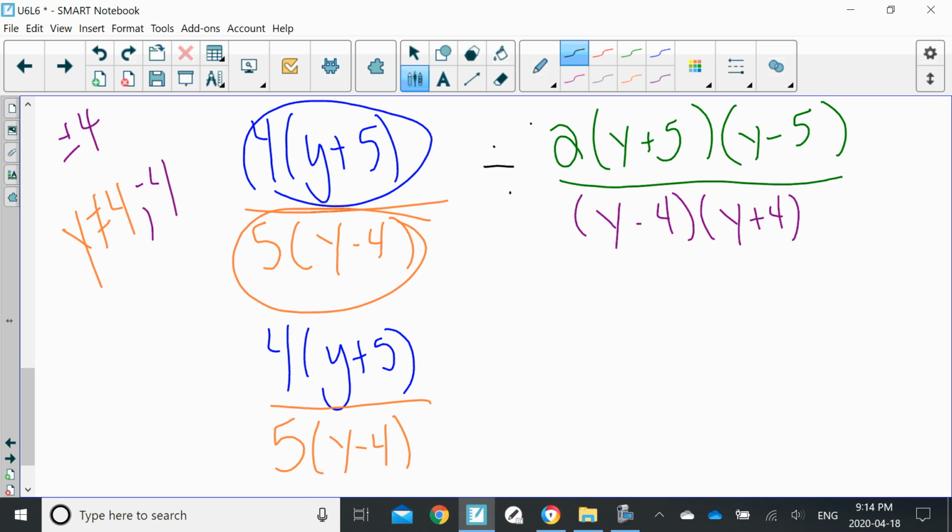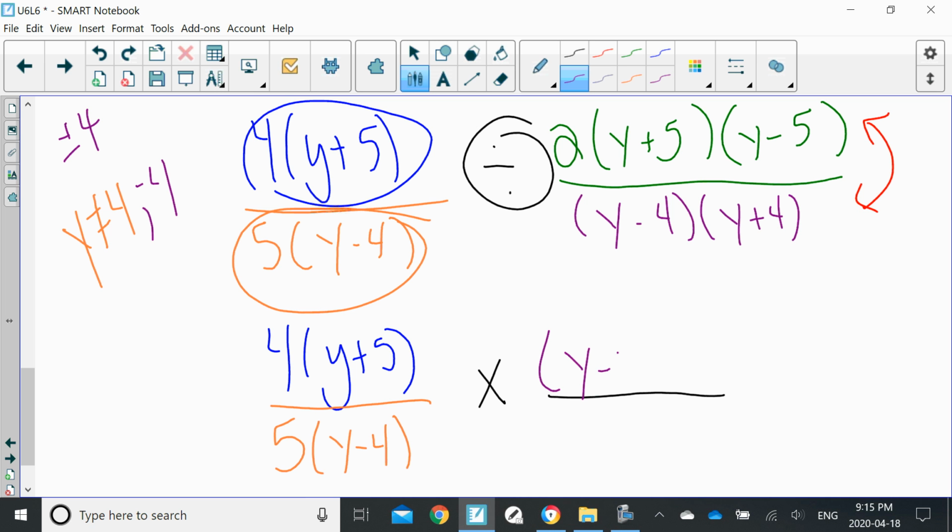But I'm going to change my symbol from a division to a multiplication, and in order to do that, the second fraction flips. When you change a division to a multiplication, you take the reciprocal of the second fraction. So that y minus 4, y plus 4 is written up top in my numerator, and in my denominator I'm going to write that 2 and that y plus 5 and y minus 5.